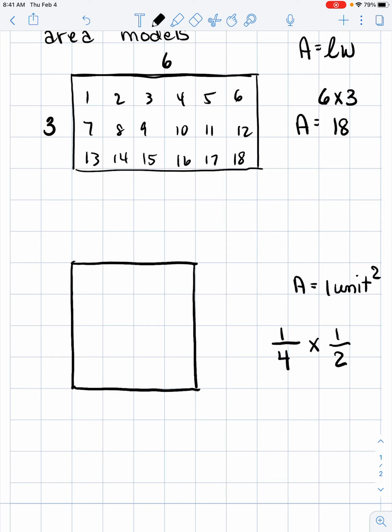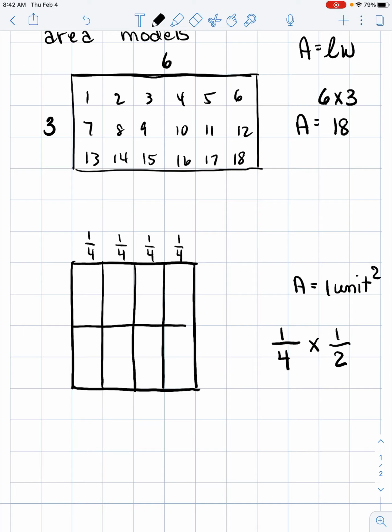If the length of this square is 1 whole unit, then if I divide it into 4 equal pieces, each of these is 1/4 of a unit. I want a rectangle that is 1/4 of a unit going across and 1/2 of a unit going down. So I'm only going to divide it in half. This would be 1/2 a unit. This would be 1/2 a unit.